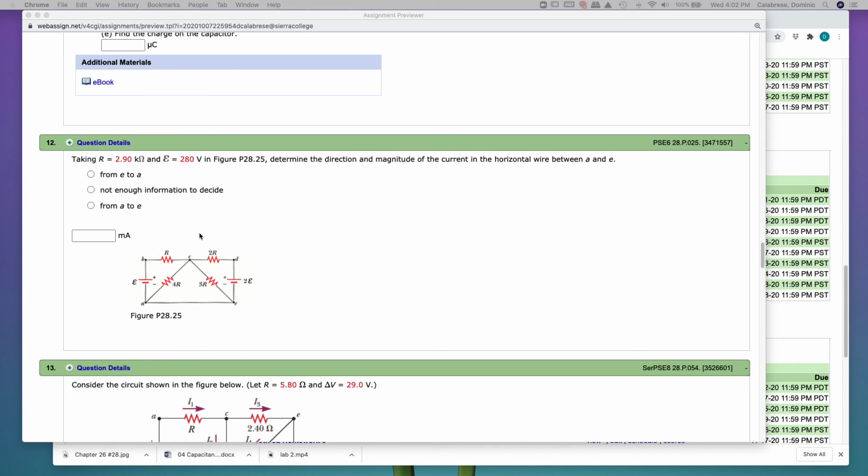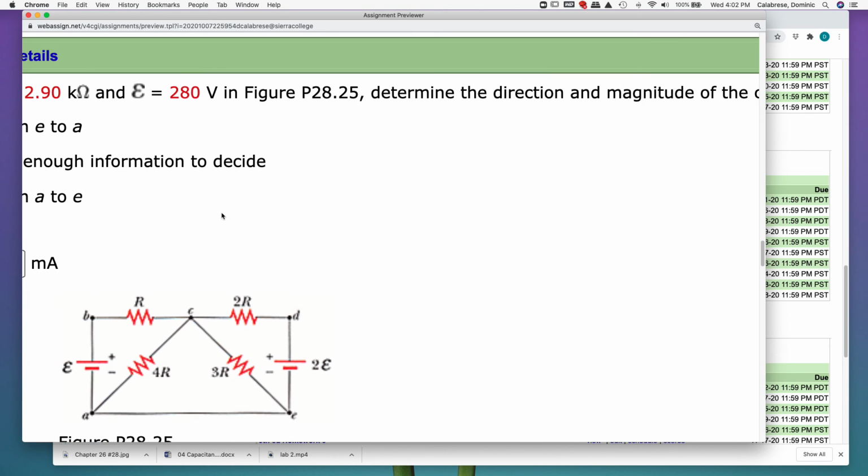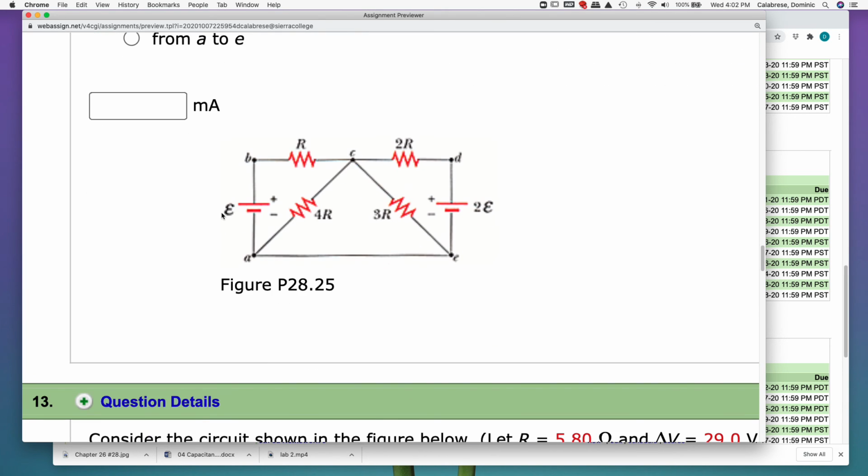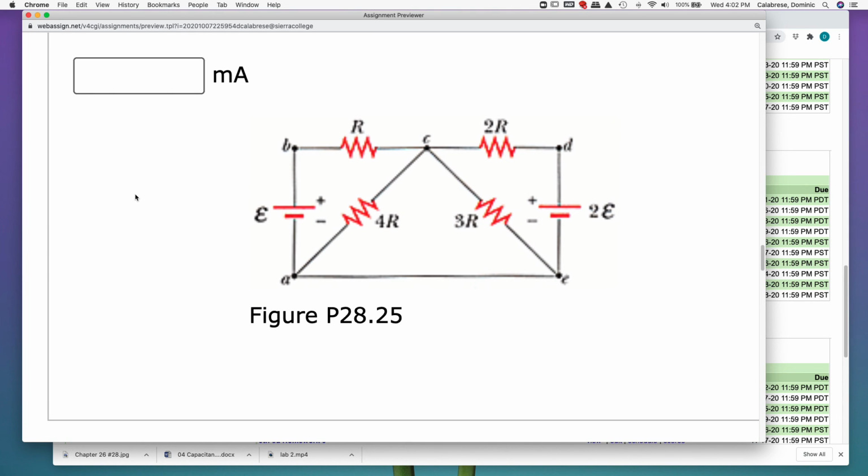You're going to have to analyze this circuit using Kirchhoff's laws. What should you do to simplify that? In other words, to make the math easier, what should you do? When you look at that circuit and you want to use Kirchhoff's laws because you have two power supplies, what should you do to simplify it?